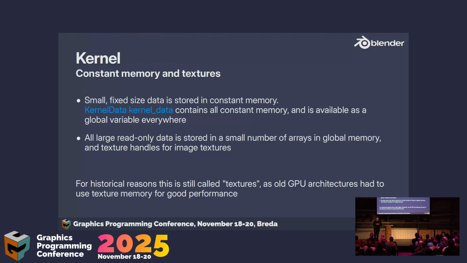Large read-only data is stored in global memory or texture handles. In the code, you will probably see something called texture where now it's not a texture at all. Well, it's a bit of legacy which we haven't cleaned up everywhere yet, because back in the day, texture was the only way to access things quickly.